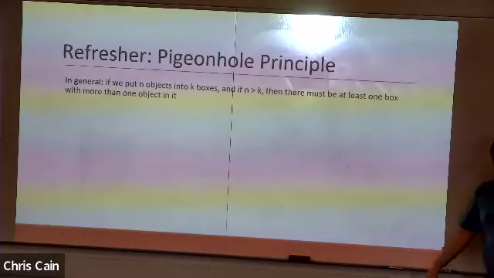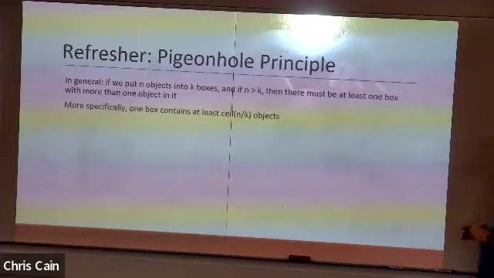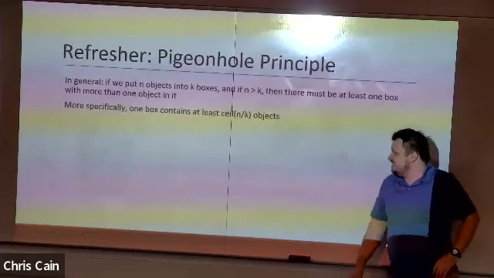I have 5 objects and 3 boxes. One of those boxes has to have at least 2 objects. Either a box has 3 objects in it, or 2 boxes have 2 objects in it. There's no other way to distribute those 5 objects among those 3 boxes. One box contains at least the ceiling of n over k objects.